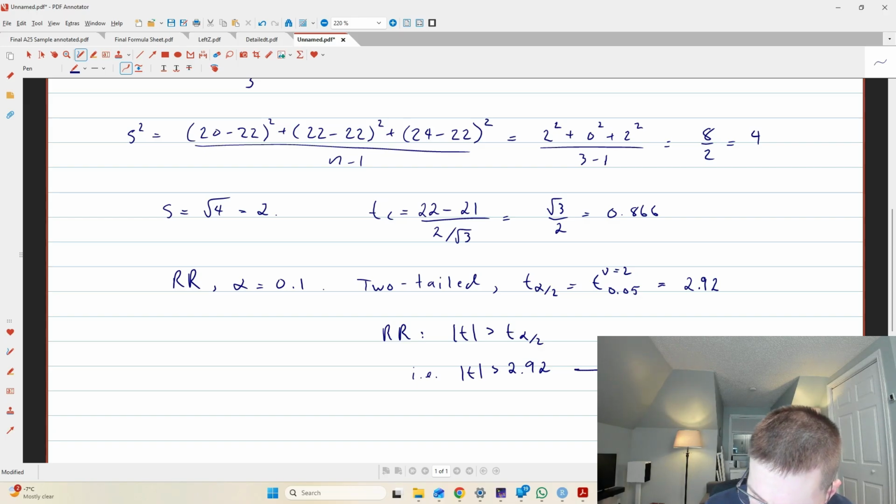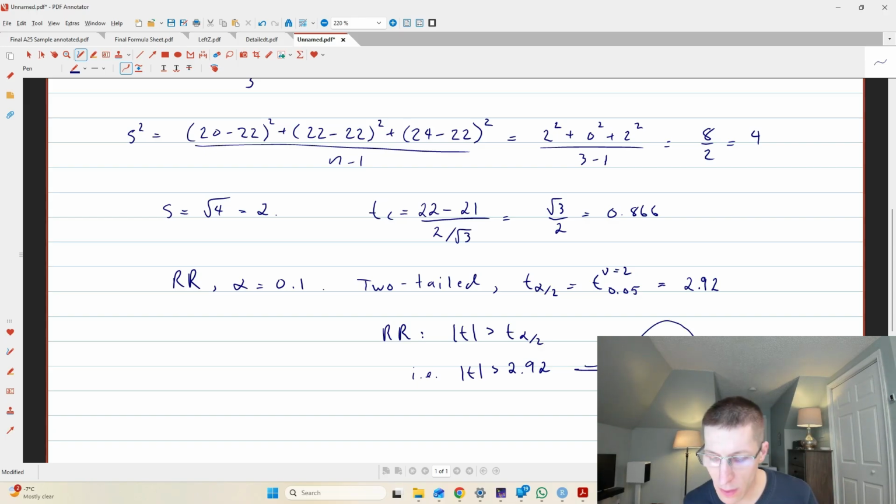So basically that means if your T value is here's 2.92, here's minus 2.92. If it's further away from 0 than 2.92, then your absolute value is bigger than 2.92.